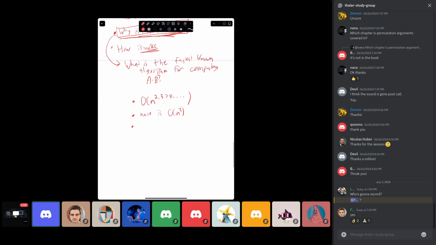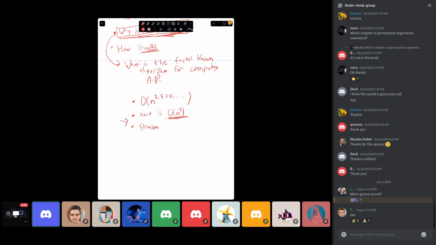I believe for a brief period of time, many decades ago, people thought this was optimal. And I think Strassen was actually trying to show that the algorithm was optimal. I might be mixing this up with Karatsuba's algorithm for multiplying two large integers together.